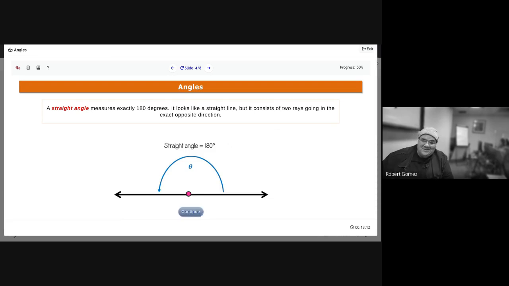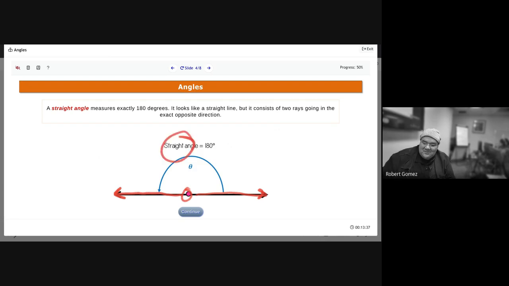Now the last one, in case you miss it in the lesson: once you get to 180 degrees, it pretty much looks like a straight line, okay? But it's still an angle, because we still have a vertex in the middle, and we still have these rays going out. We would call that a straight angle.